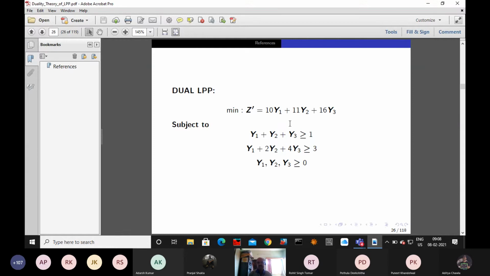Okay, so both are correct. So it is providing the optimal solution, because both the problems are feasible and both have optimal solutions, and moreover the maximum value of the objective function and the minimum value of the objective function both are the same.